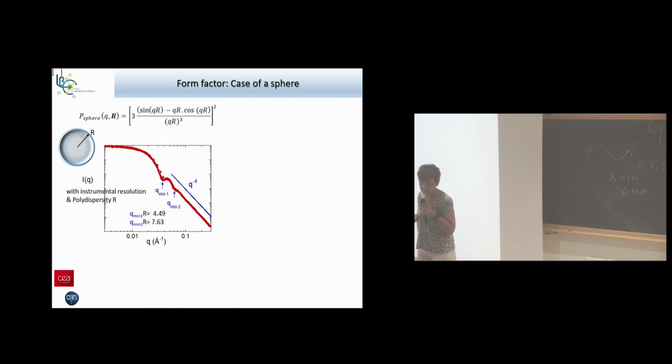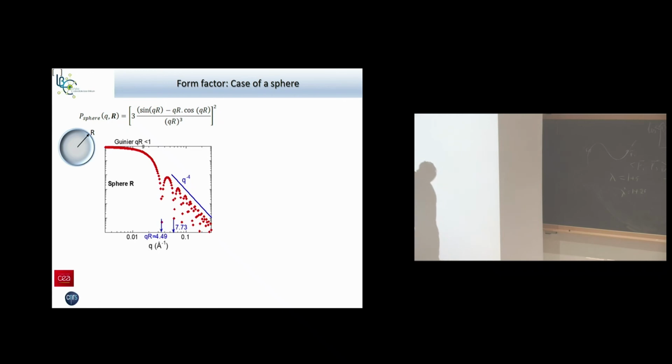Can you remind me what the second minimum corresponds to here? If you calculate when this form factor goes to 0, you will find this value, because there are sine and cosine terms in the form factor, and sometimes P(Q) is 0.